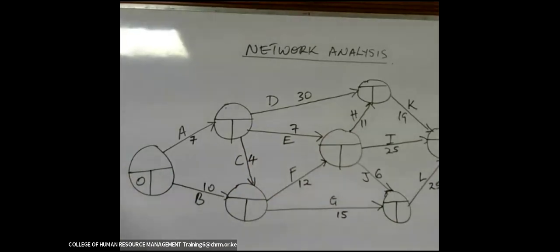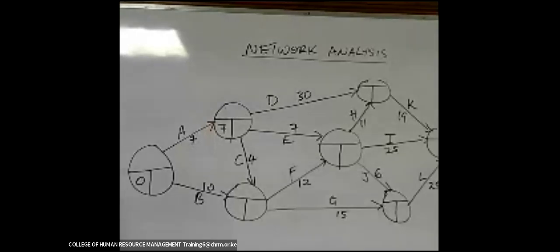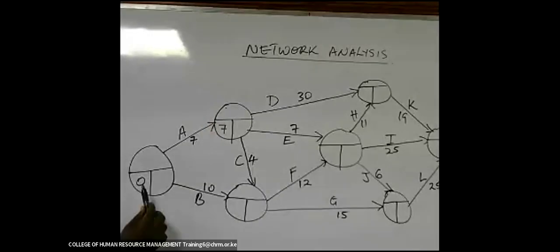Any project will start from time 0. So 0 plus 7 gives you 7. 0 plus 10, sorry, here I don't need to put that.